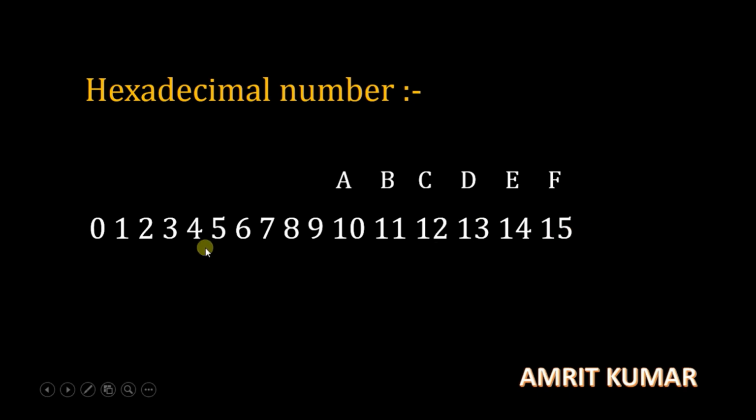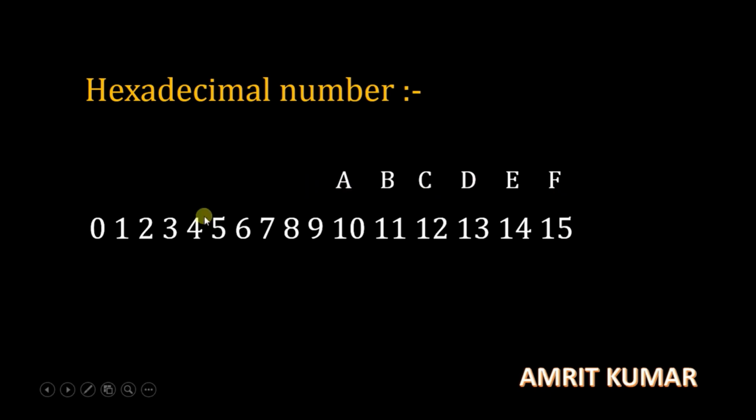They start from 0 to 9, and after that, the next value is associated with capital A, this value with capital B, this value, that is 12, with capital C, this value, that is 13, with capital D, this value, that is 14, with capital E, and this value, that is 15, with capital F.